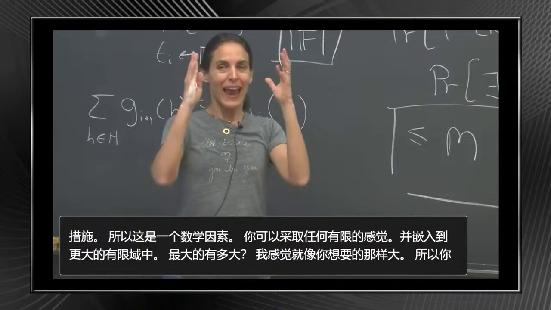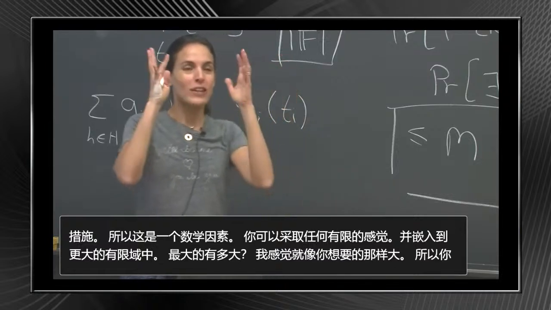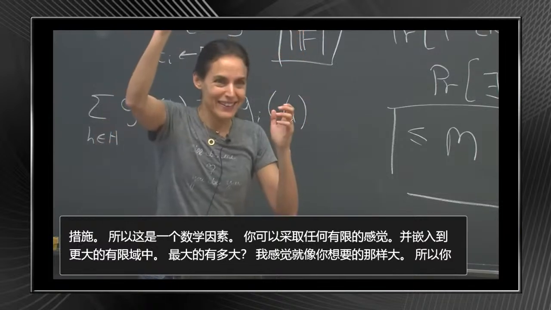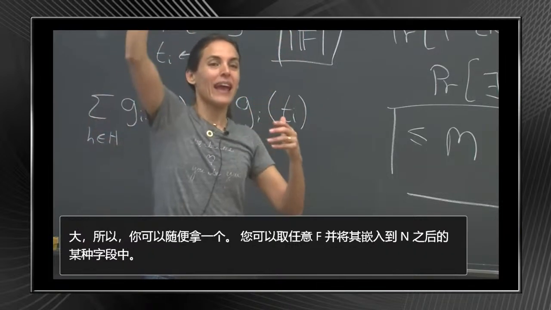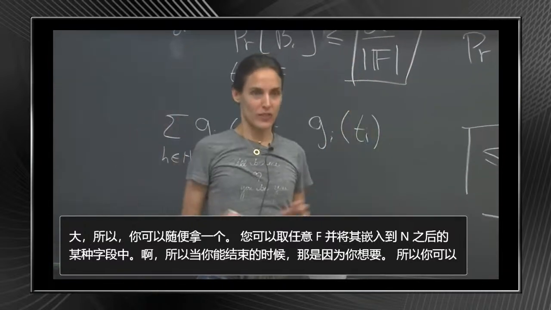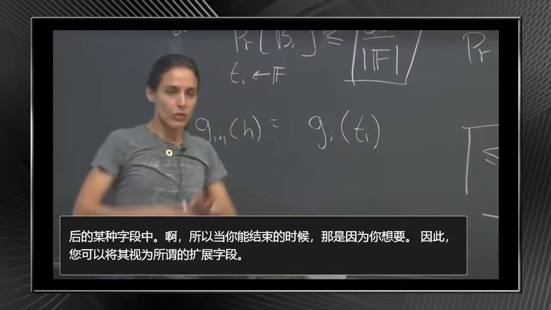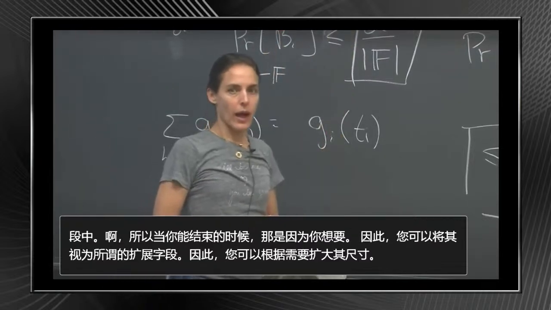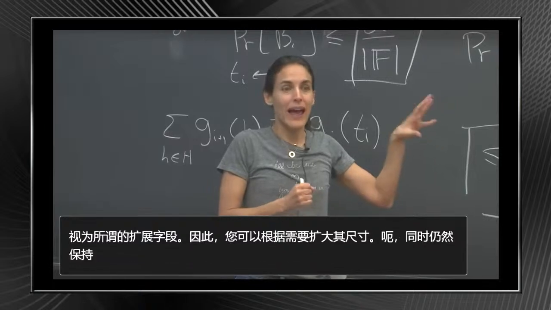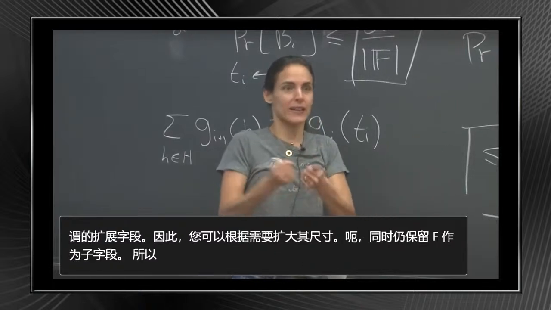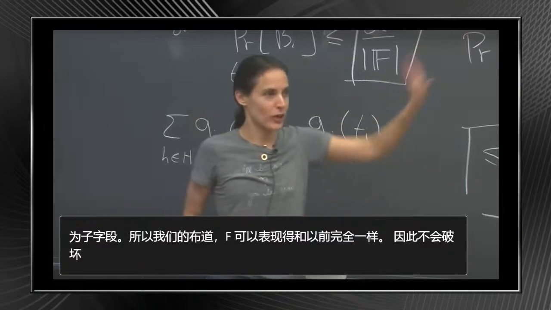Loosely speaking, you can take any F and embed it into a field F^n, where you can take n as big as you want. That's what's called an extension field. You can extend it to as large a size as you want, while still keeping F as a subfield. So operations in F behave exactly as they did before, without ruining this sum or anything like that.